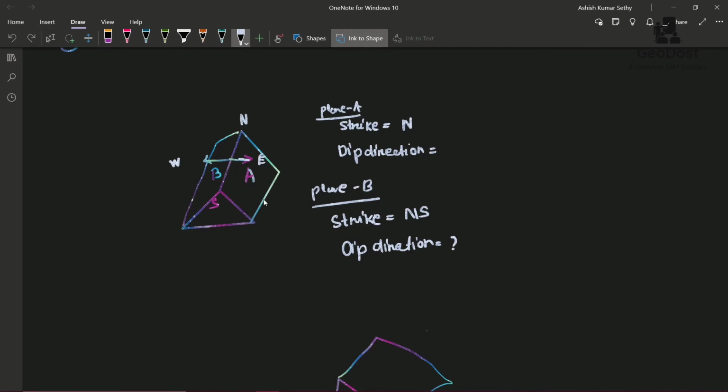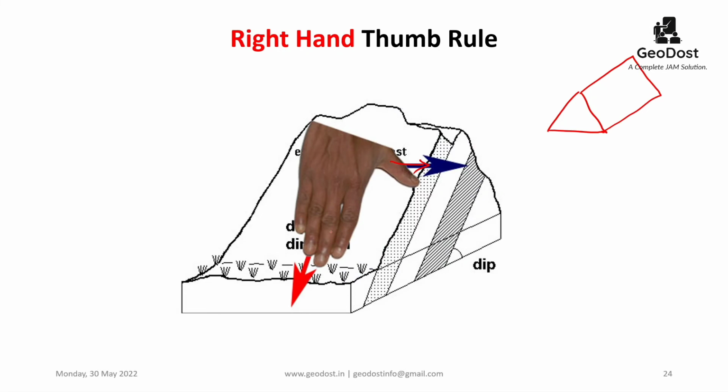But the same thing is happening in the case of B also. As you can see, just try to use your finger rule on your screen, where all your fingers except your thumb point along the dip direction. If you keep the dip direction towards the west, then the strike direction will be your south. If you place your palm parallel on the planar surface, then the dip direction goes towards the west, and the thumb part will be your south.